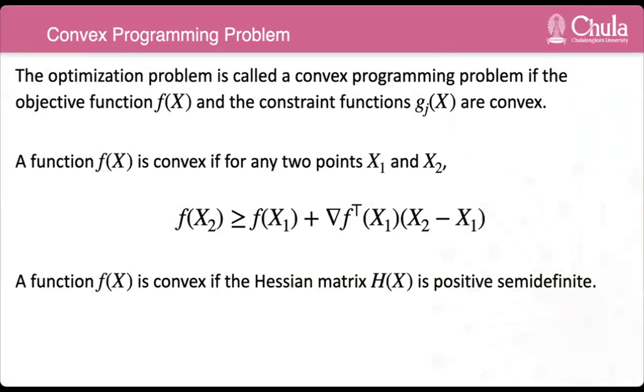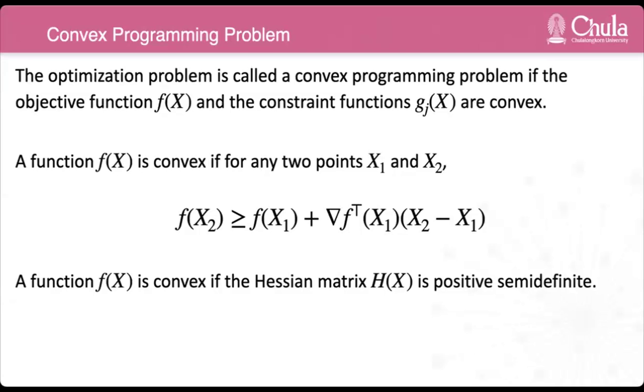And one important thing is the optimization problem called convex programming. You see, many solvers are guaranteed, designed for convex optimization problems or convex programming. What is convex programming? For a convex optimization problem, the objective function must be a convex function, and the feasible region formed by the constraints must be a convex set.